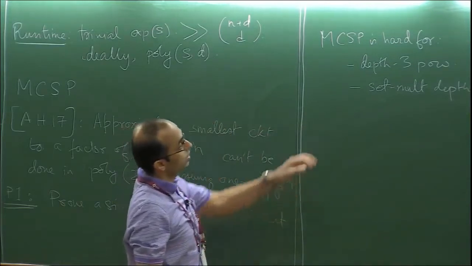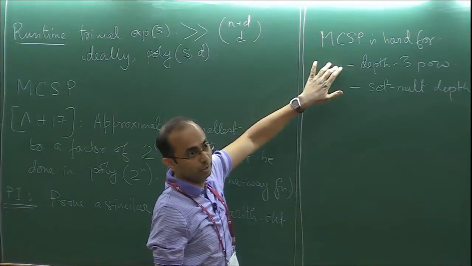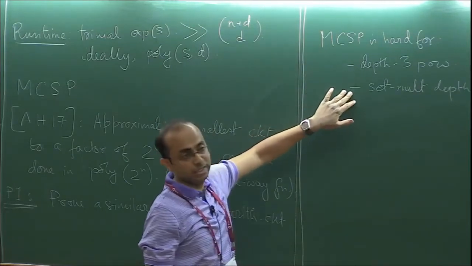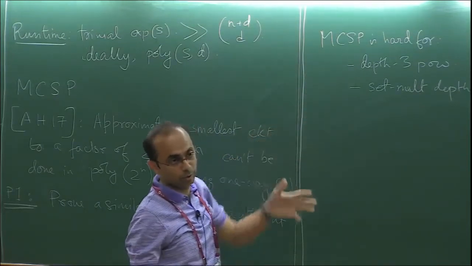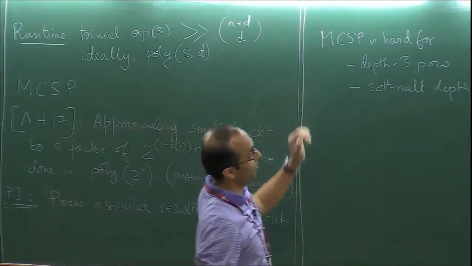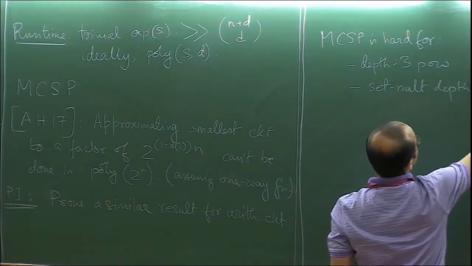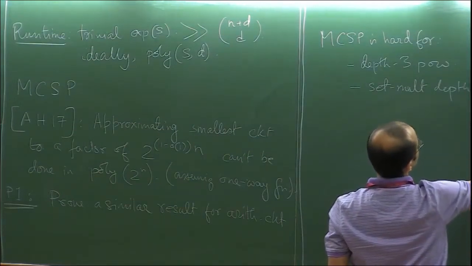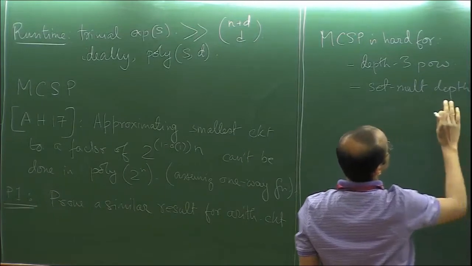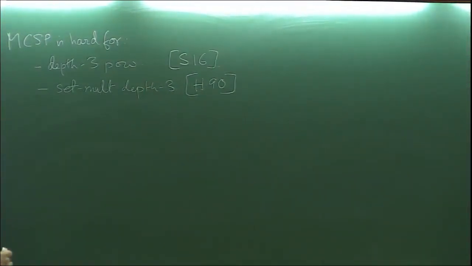Here you are trying to find the smallest depth 3 powering circuit computing this polynomial, or the smallest set multilinear depth 3 circuit computing a given polynomial. In these cases it is known to be NP hard, and this one is by Shitov from 16, I guess, and this one is a classical result by Håstad. This is equivalent to finding the tensor rank. This is equivalent to finding the symmetric rank of a polynomial.